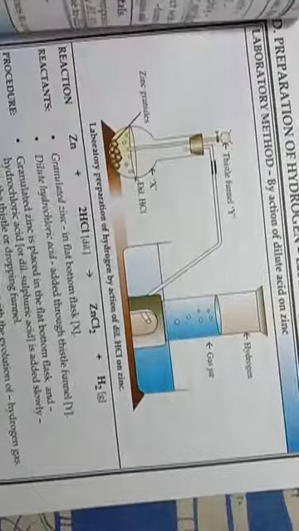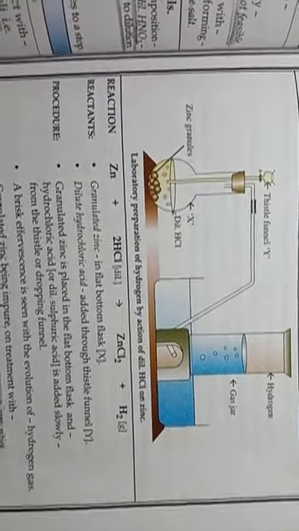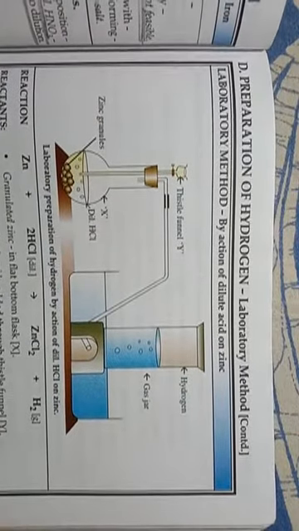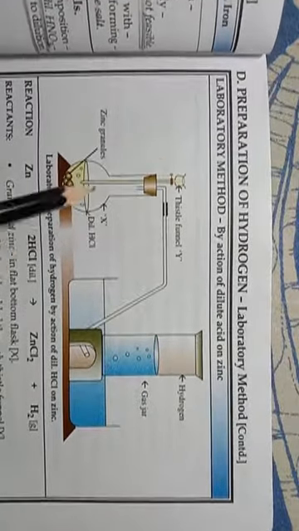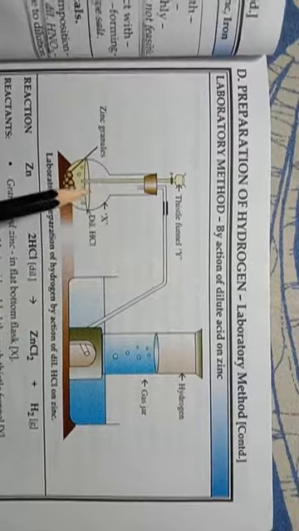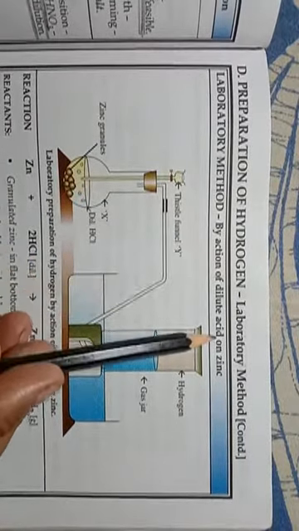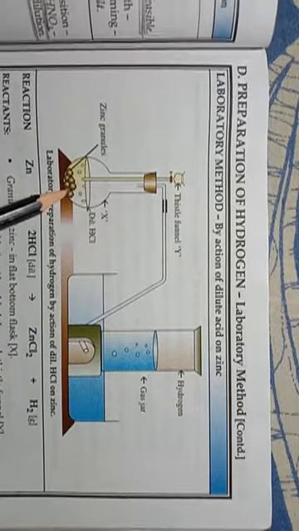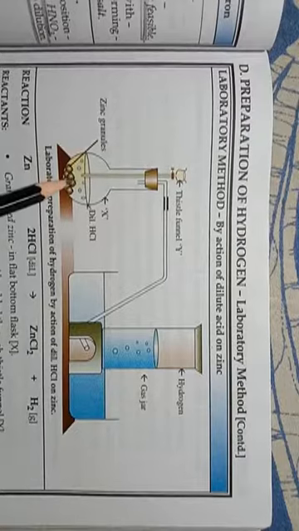The next page number 99, and here preparation of hydrogen, laboratory method. So as you can see in this diagram, for the laboratory method of hydrogen by action of dilute acid on zinc, we use a flat bottom flask here, and in this flask we have zinc granules.